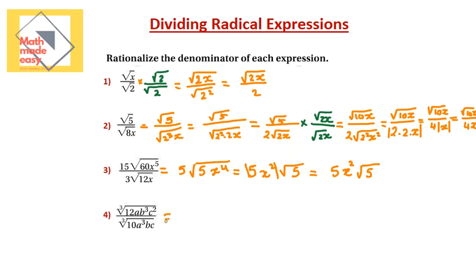Now, one last question. I am going to again try my best to simplify first, but apparently not everything is going to be simplified. 12 and 10, well, both of them are divisible by 2. So this is going to be 6. This is going to be 5. Then I'm going to find prime factors and see if I can do anything else. I have a and a cubed.